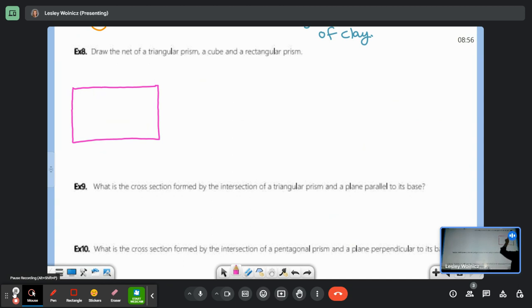Oh, easier said than done, right? Oh my goodness. Okay, we got a triangular prism. So the triangle is talking about the bases.